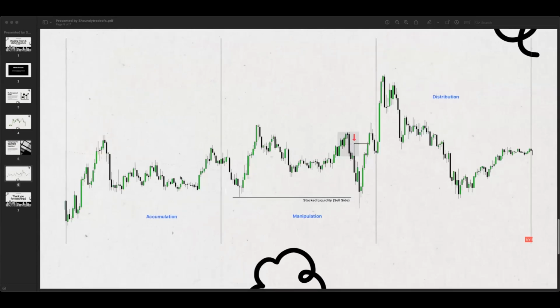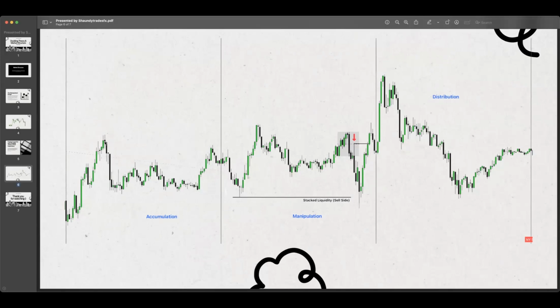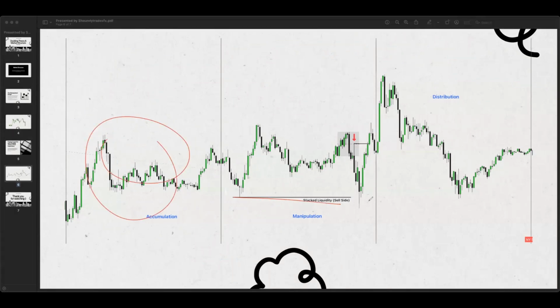Take a look. This is your accumulation phase. Here, let me get my pen out. Accumulation, stack sell side, manipulation. And then that's the distribution. When the distribution is done, price will then come and accumulate again. But now we can see that prior to the ending of the manipulation, we have this manipulated range here. As we break down these structure points, we're going to be expanding our manipulated range.